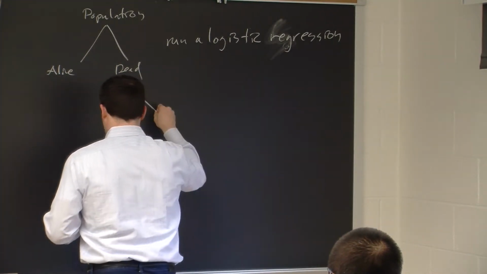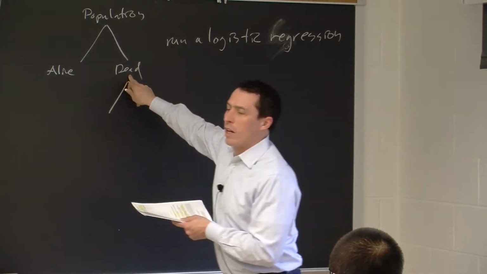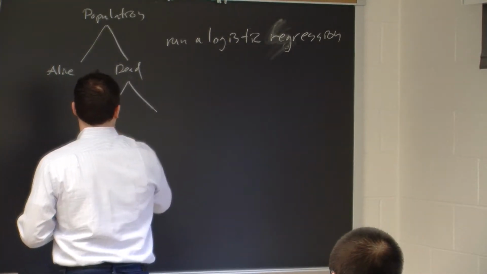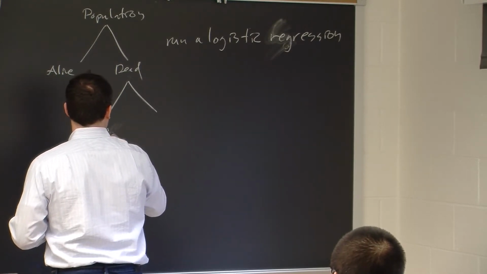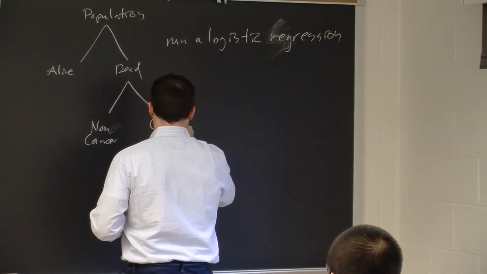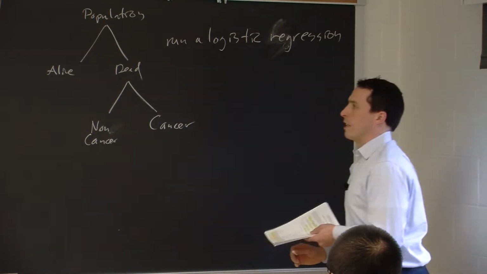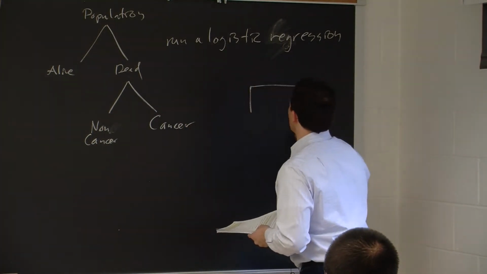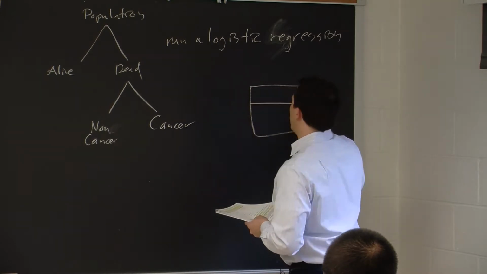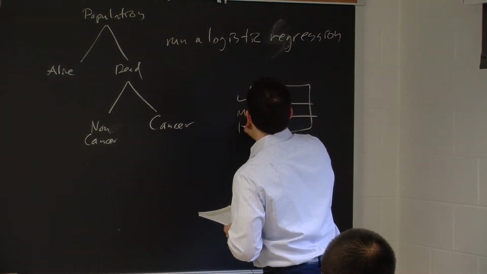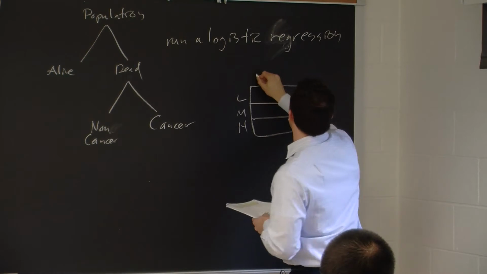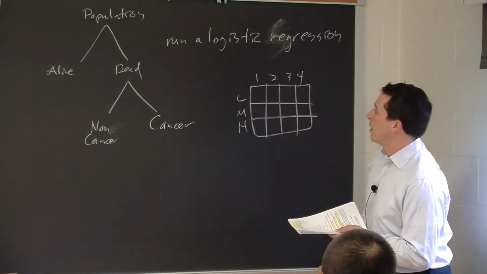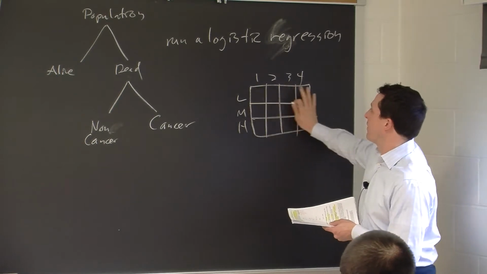And then we do another one on the collapsed variable, breaking it into, say, death from non-cancer causes and death from cancer causes. All right, so now we're looking at inside the collapsed table. So this is a 3 by LMH, and we have 1, 2, 3, 4, which we're trying to predict. So first we go 1 against everything else.